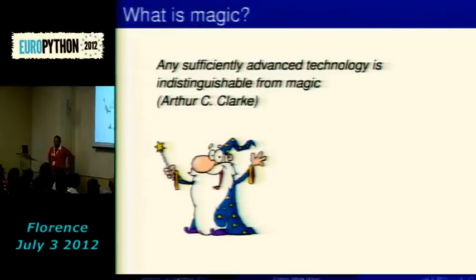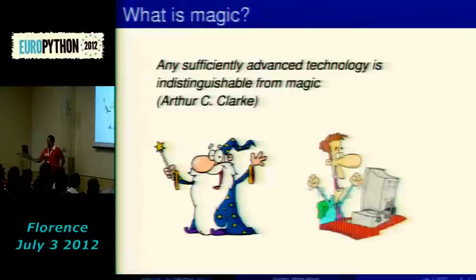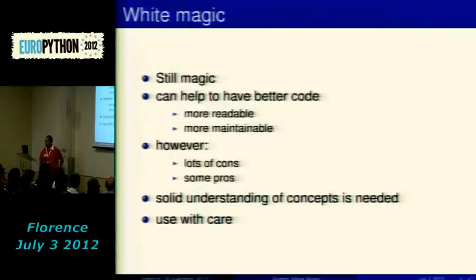So you don't need to be like this to do magic in Python. It's sufficient to be a normal programmer who knows about the language and is happy because it makes better code.